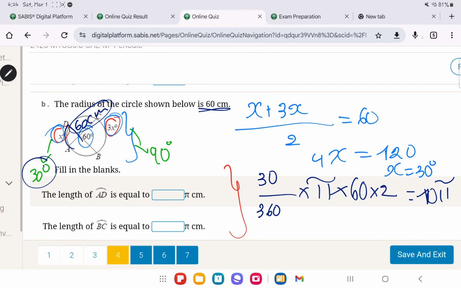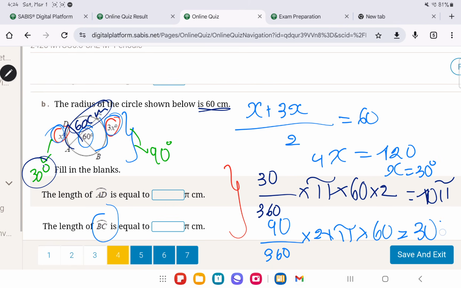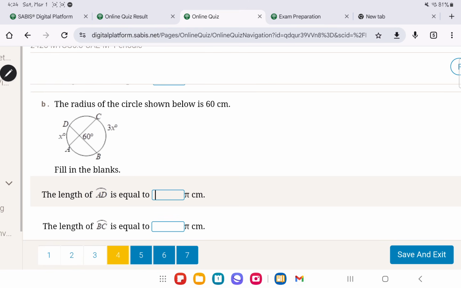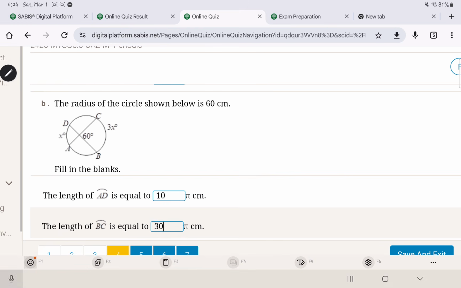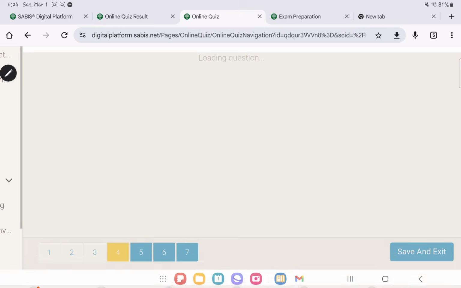It's the very same exact thing for the length of BC, but instead we're gonna use 90. So 90 over 360 times 2 times pi times the radius, which is 60. So you put it on the calculator and you are gonna get 30 pi. So very simply over here, this is 10 pi and this is 30 pi.